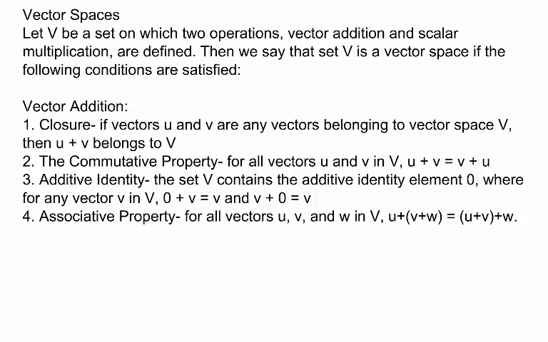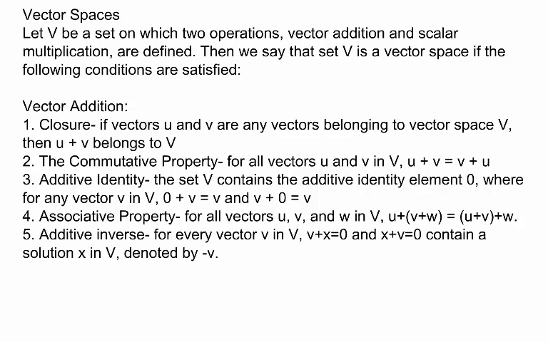For all vectors u, v, and w in vector space V, (u plus v) plus w is equal to u plus (v plus w). The additive inverse. For every vector v in vector space V, v plus x equals 0 and x plus v equals 0 contain a solution x in vector space V, which is denoted by negative v.